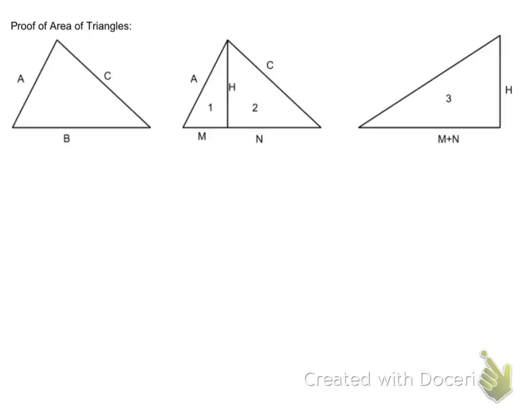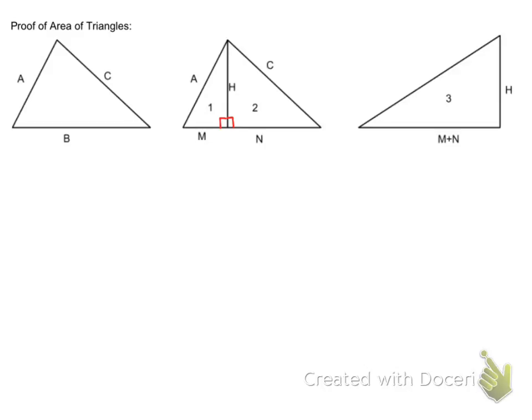Let's say I take an altitude and drop it straight down, forming two right triangles. If we have a right triangle, we have a height, we have a base, and we have that formula we're comfortable with, 1/2 base times height. So I broke it into triangle 1 and triangle 2.